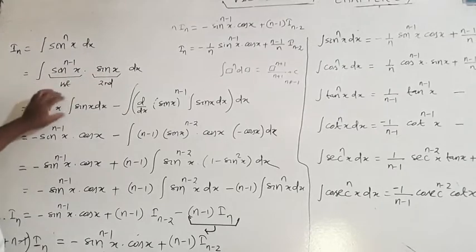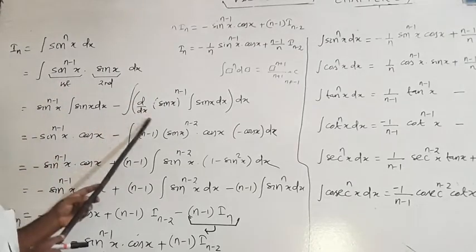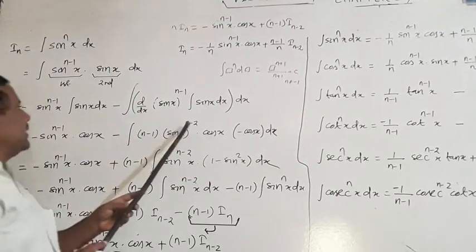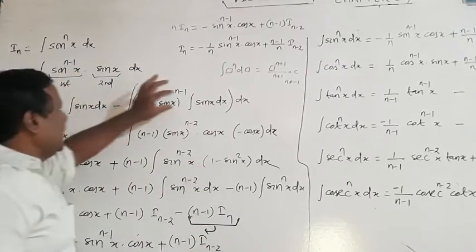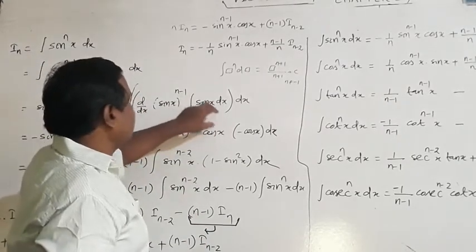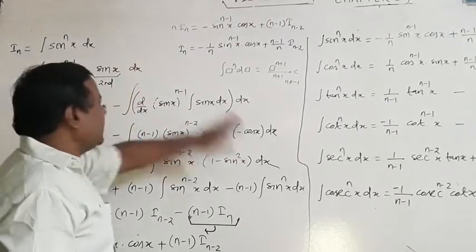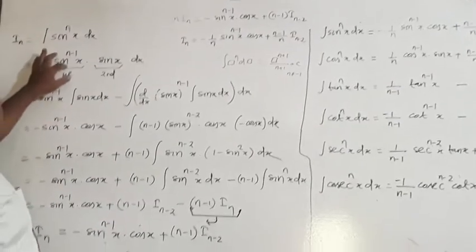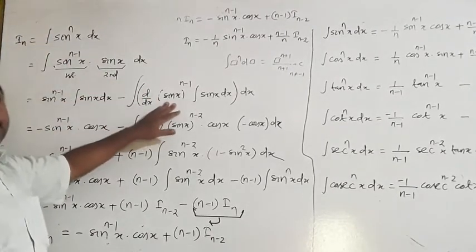Sin x. So I am taking sin x as my second function. It is very easy to differentiate sin x to the power n minus 1, because it is n minus 1 sin x to the power n minus 2 into cos x. Again I am telling, sin x is very easy to integrate, but sin power n minus 1 is not easy to integrate. Sin to the power n minus 1 is more powerful than this. So this is easy to differentiate. Okay.